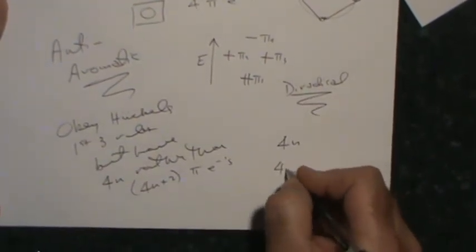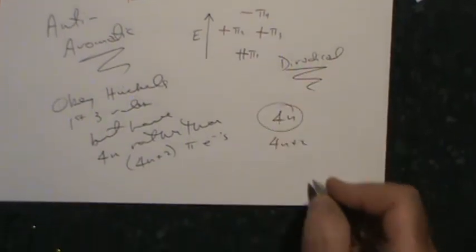Just like this cyclobutadiene, it has 4n pi electrons. The total number of electrons is 4. That is a 4n number where n equals 1, not a 4n plus 2 number. So 4n is the number that we assign to molecules that are anti-aromatic.